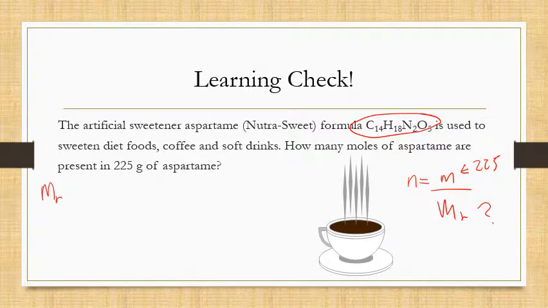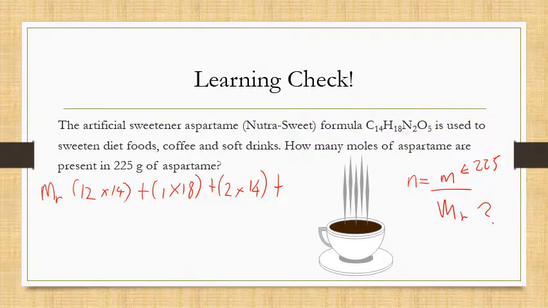Okay, so the molar mass of NutraSweet is going to be 12 times 14, that's the carbon, plus 1 times 18, the numbers are going to be a bit easier for that, plus 2 times nitrogen, which if you look at the periodic table, is 14, plus 5 times 16.